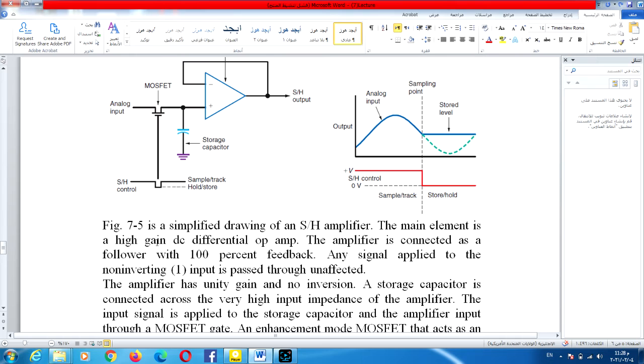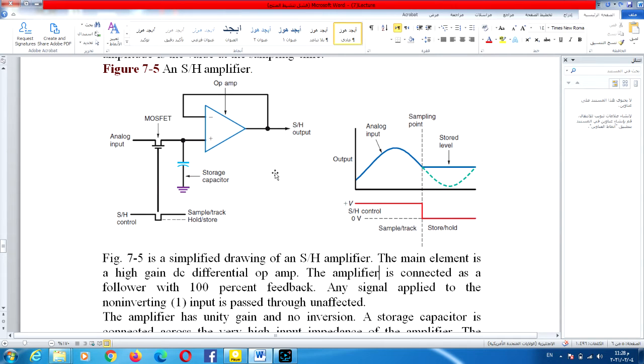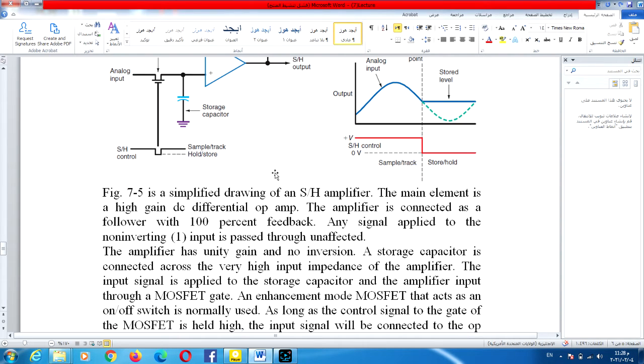This is the feedback that I have here. Any signal applied to the non-inverting input is passed through effectively, and any signal coming to the inverting input has no effect. So the amplifier has unity gain and no inversion.